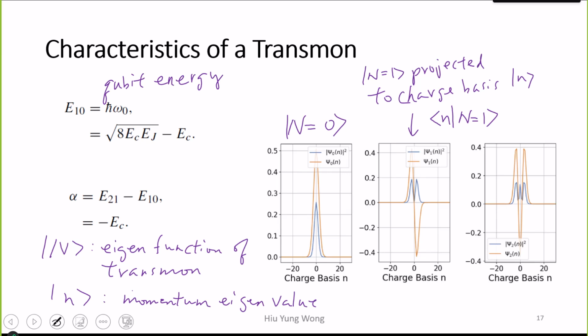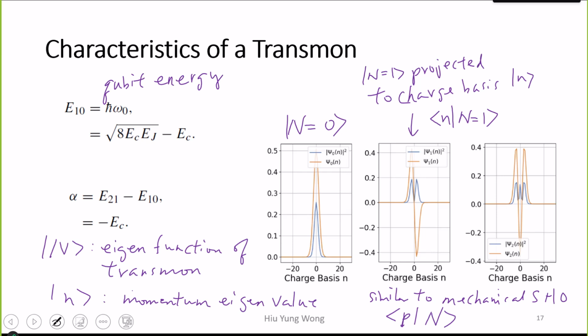This is similar to the mechanical SHO, simple harmonic oscillator, in which we project to p instead of x, the p space, the momentum space.